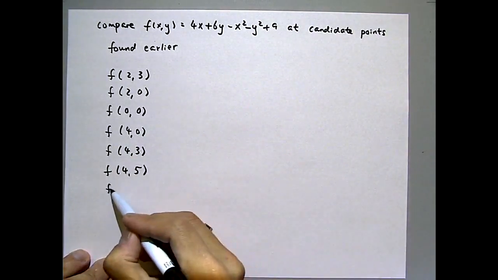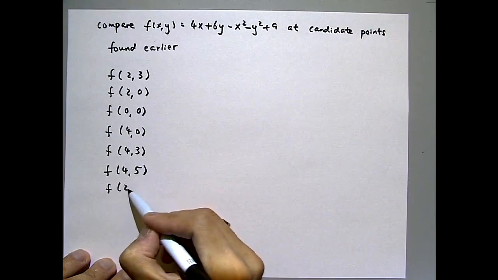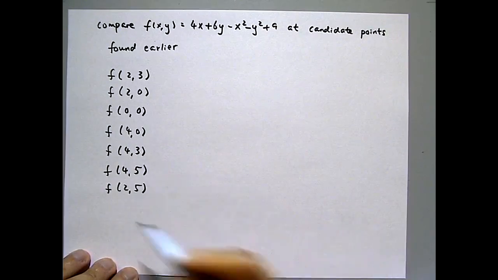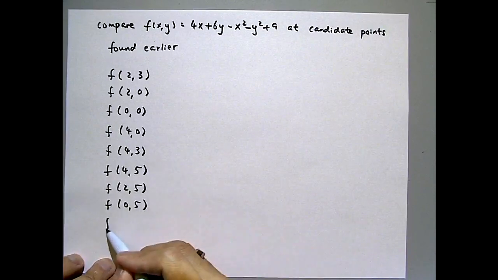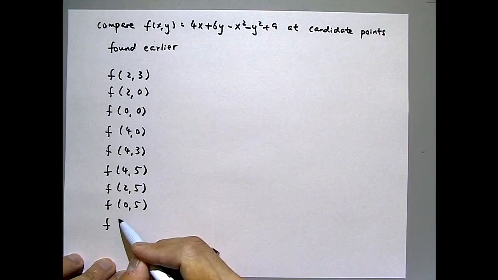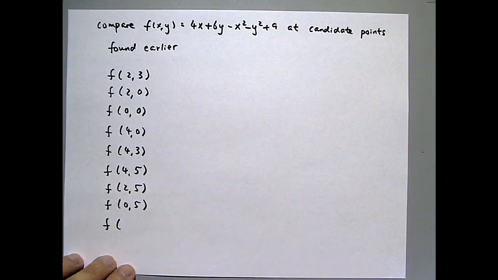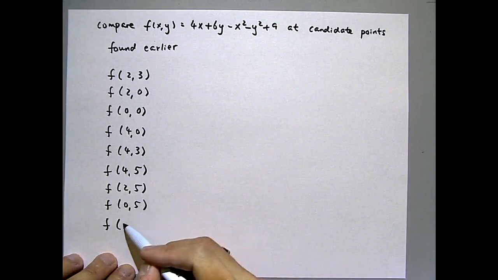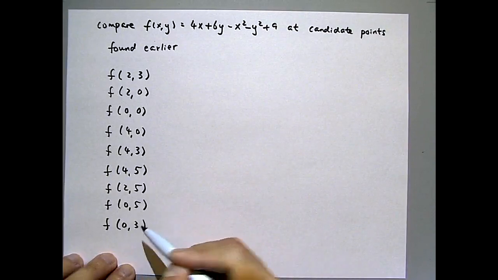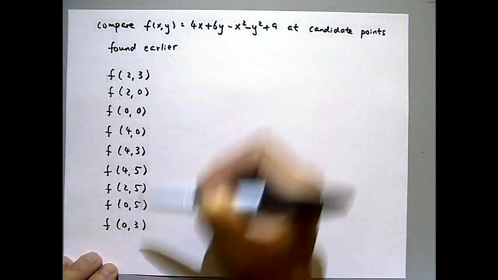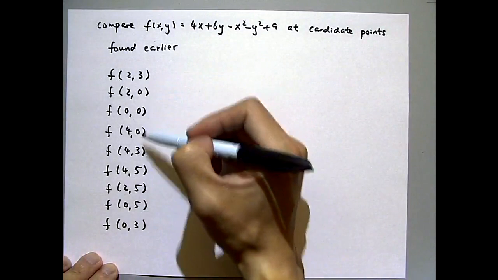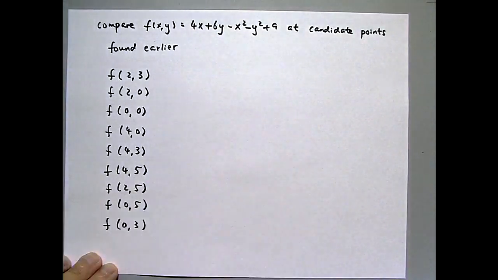And then on L3, we got 2, 5, 0, 5. And then 4, 5, we already have that. Finally, on L4, we had 0, 3, 0, 0, we got already, and then 0, 5, which we already have. So 1, 2, 3, 4, 5, 6, 7, 8, 9. 9 points.